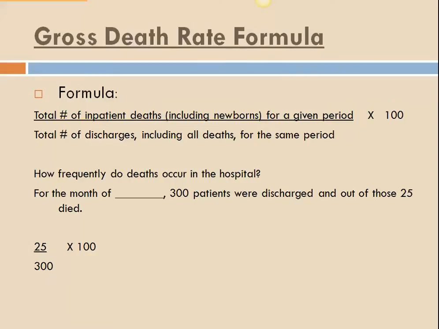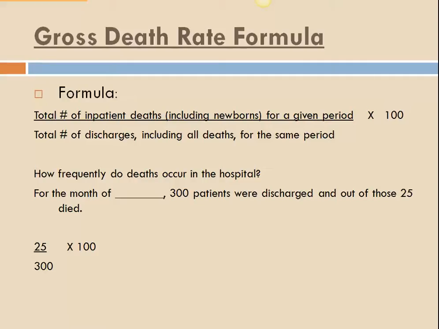The formula for calculating gross death rates is the total number of inpatient deaths, including newborns, because remember we've already said that those are not automatically excluded, for a given period, divided by all of the discharges, the total number of discharges, including the deaths. And that's that rule of, since this is a proportion, the numerator is included in the denominator.